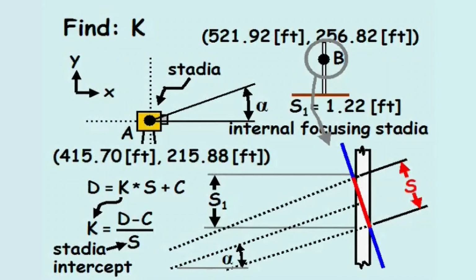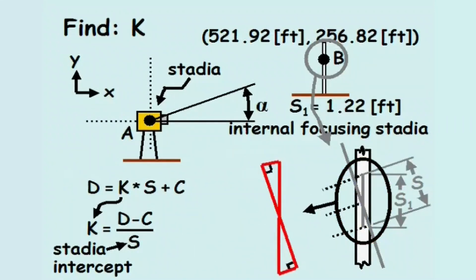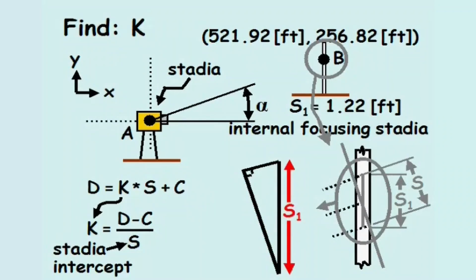and bottom crosshairs. If we zoom in yet again, we notice lines S and S1 form two right triangles where the angle created by the intersection of these two lines equals alpha. Without changing the length or angle, we can translate line segment S to the left so as to create one larger right triangle, where the hypotenuse is length S1, the side length is length S, and the angle between these two line segments equals alpha.